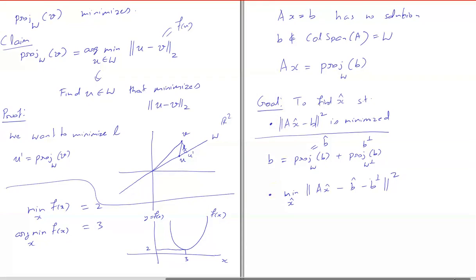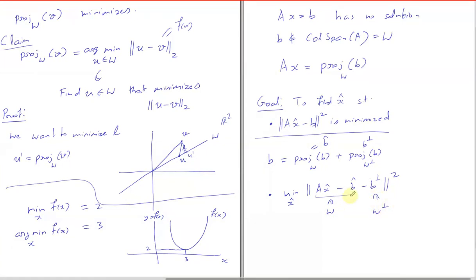If you look at Ax hat minus B hat, where does this particular vector lie? In the column space of A. So this belongs to W, because x hat is just taking linear combinations of the columns of A, and B hat is also in W. So this vector lies in W, and this lies in W perp.